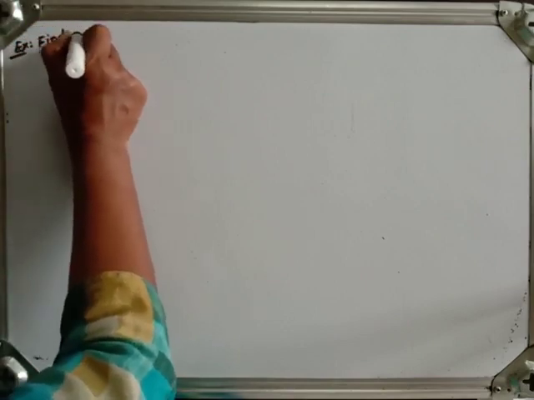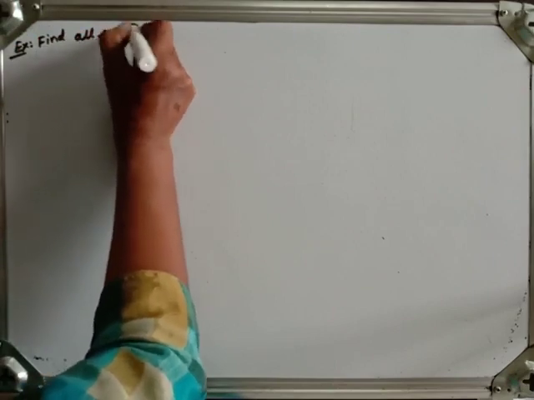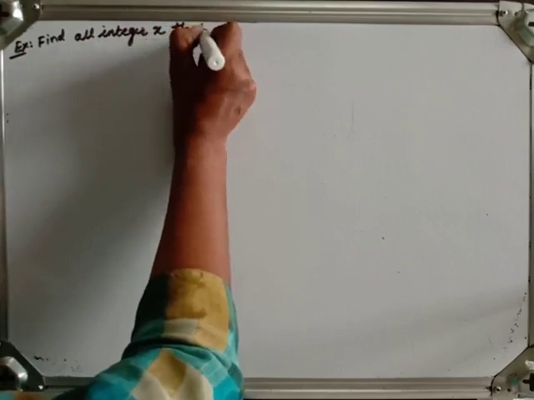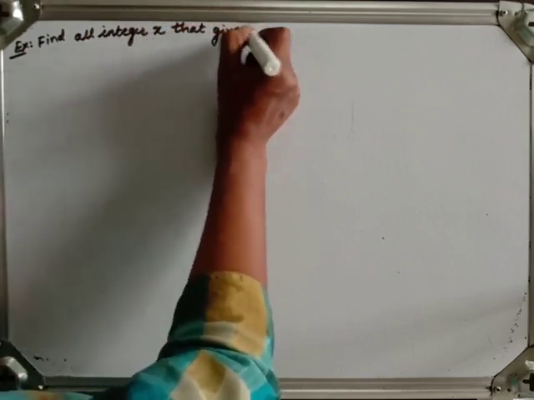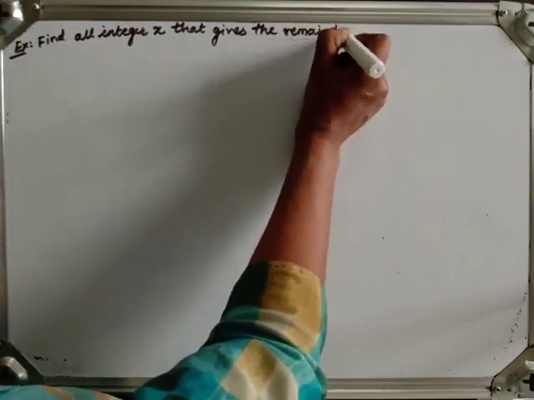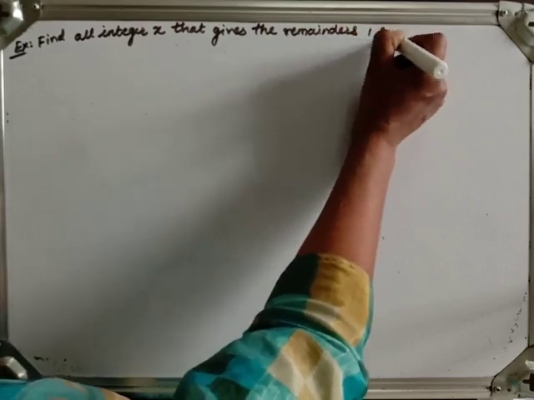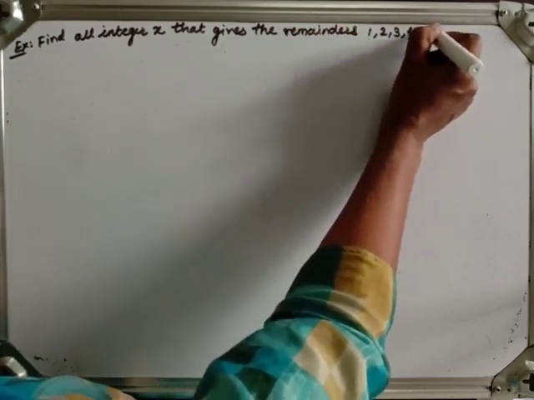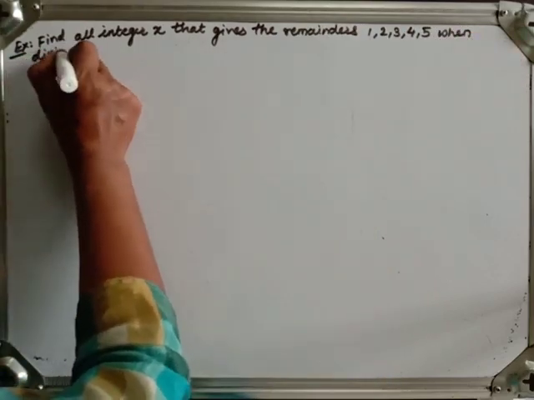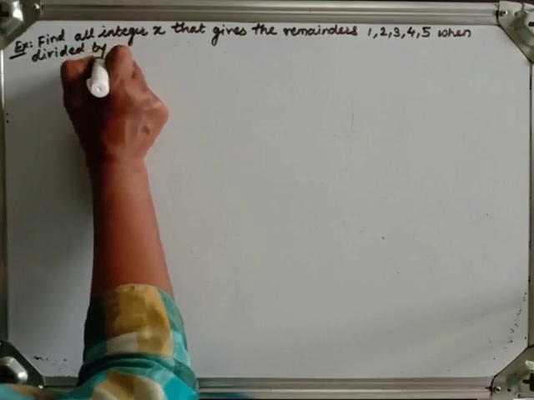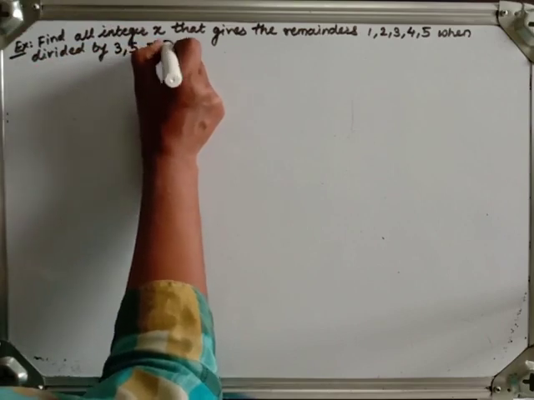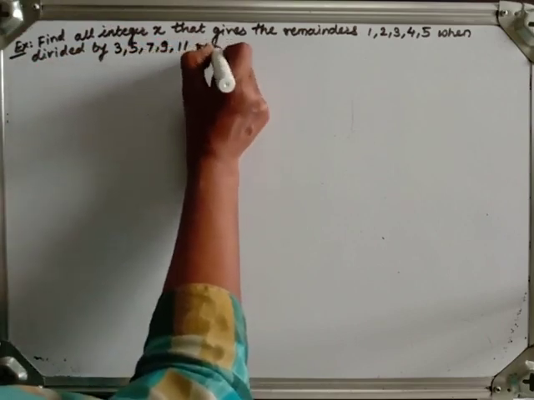Find all integer x that gives the remainders 1, 2, 3, 4, 5 when divided by 3, 5, 7, 9, 11 respectively.